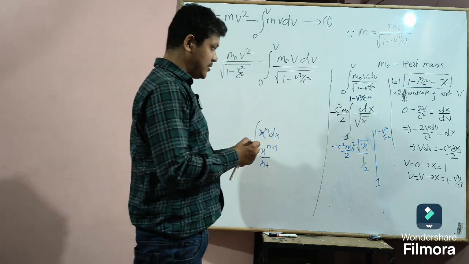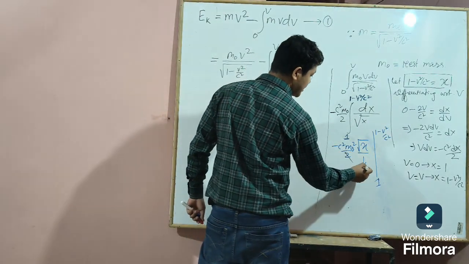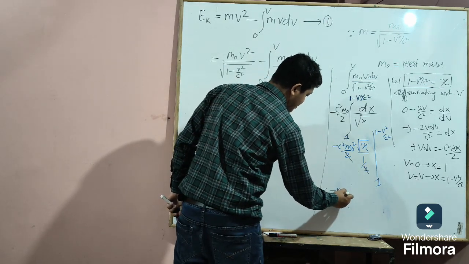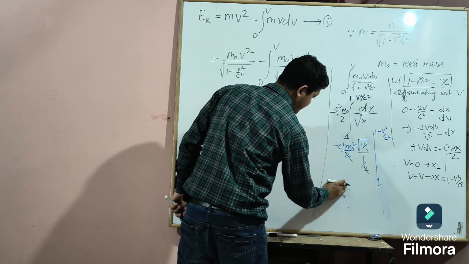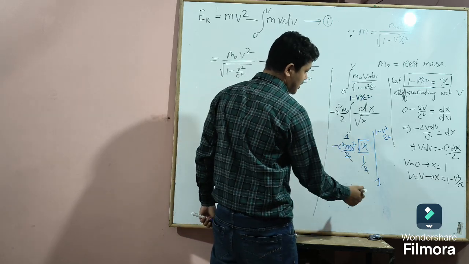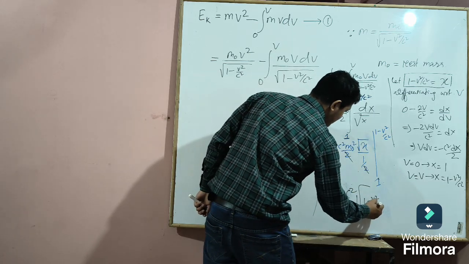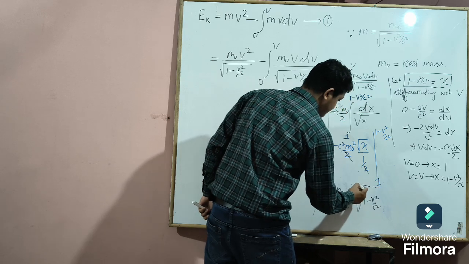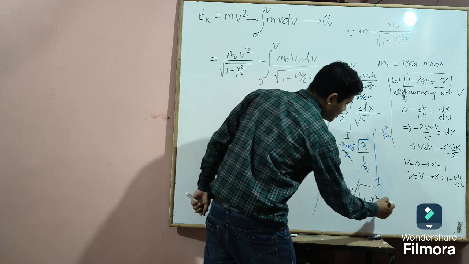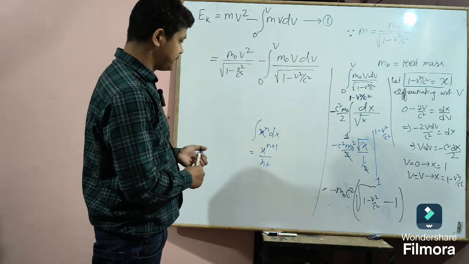That's what we have got, right? Hope these things are clear to you. Then these 2 cancel these 2, right? So we can write minus m naught c square, and if you put the upper and lower limits, if you put the upper limit here, you're going to get root over 1 minus v square by c square, and let me write within bracket. Then if you put the lower limit, that is 1, then you're going to get 1 here. That's it. Okay, so hope you have understood this.